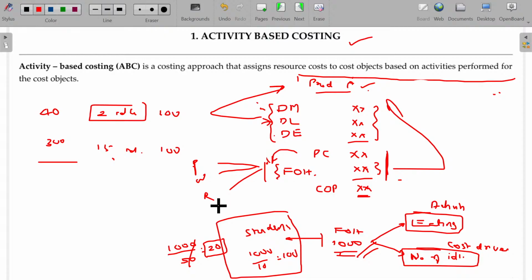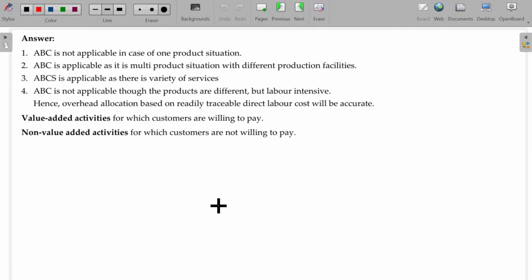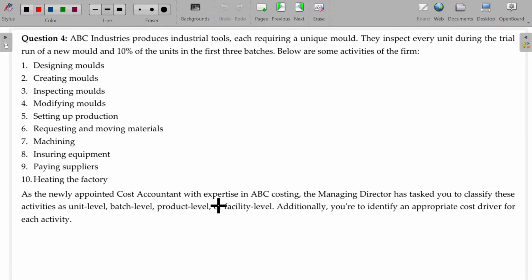And then the cost for the activity is either increasing or decreasing because of one factor. That factor is called the cost driver. Based on the cost driver, you can find out the cost per cost driver. Then find the product which consumes more cost driver, and charge it more. That's the logic.